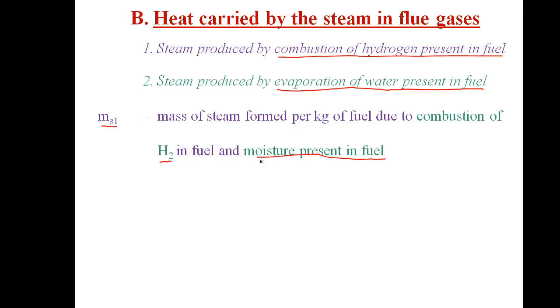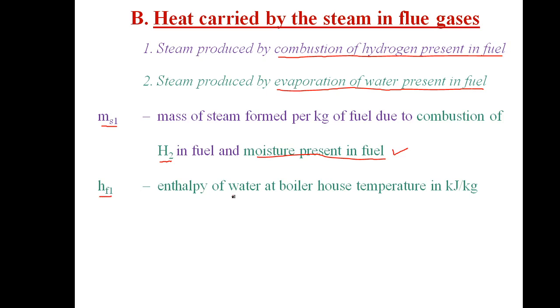By evaporation of moisture present in the fuel, steam is produced. Altogether, Ms1 we will call the mass of water or mass of steam produced by combustion of hydrogen as well as evaporation of moisture present in the fuel. So this is one thing. Then hf1.